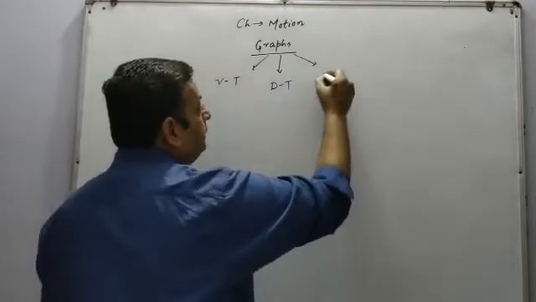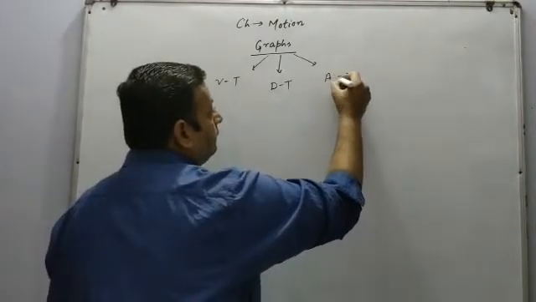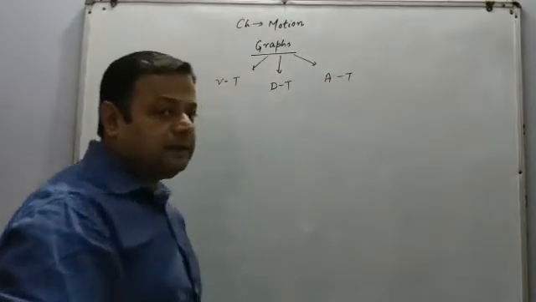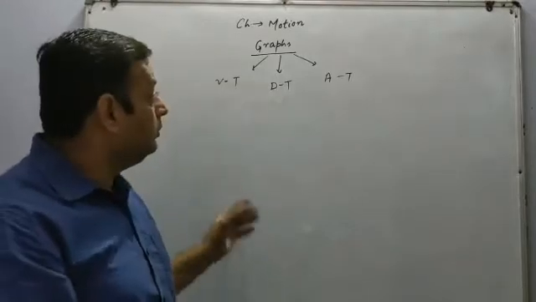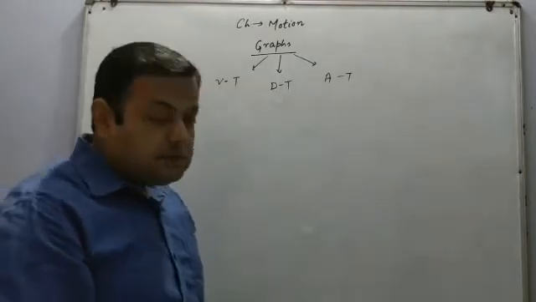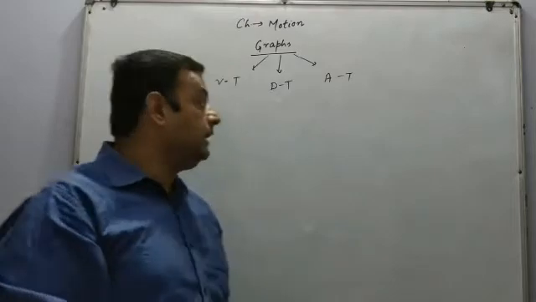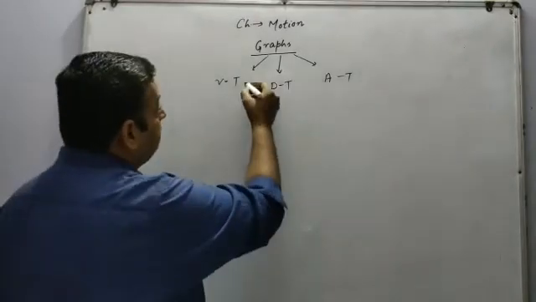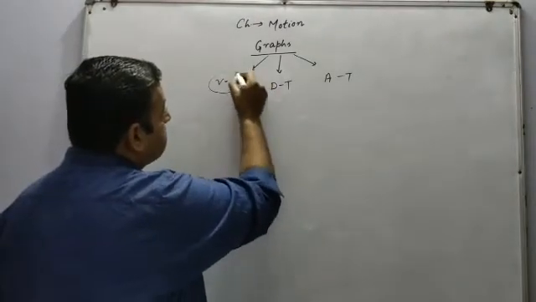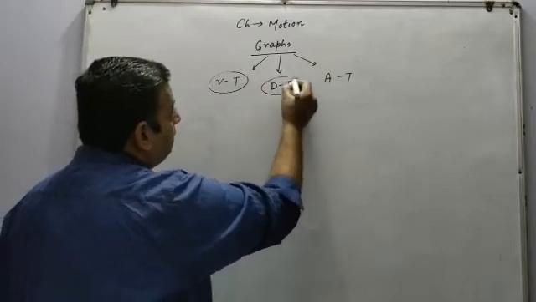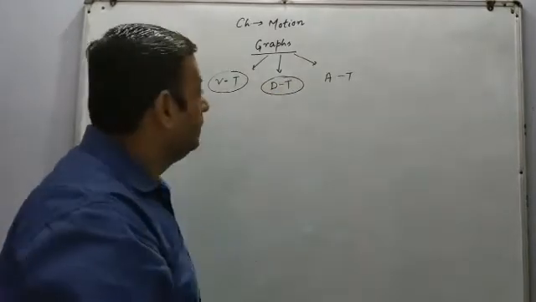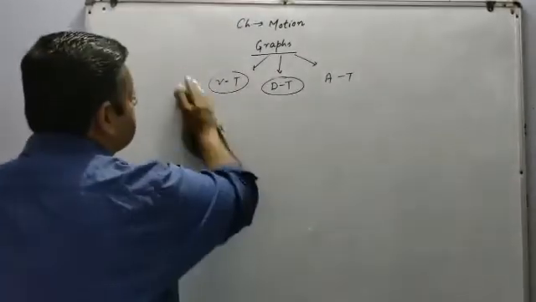And number three, AT graph, means acceleration time graph. Now, according to the syllabus of NCERT class 9, we are here going to discuss the VT and the DT graphs only. Okay, now first of all, come to VT graphs.